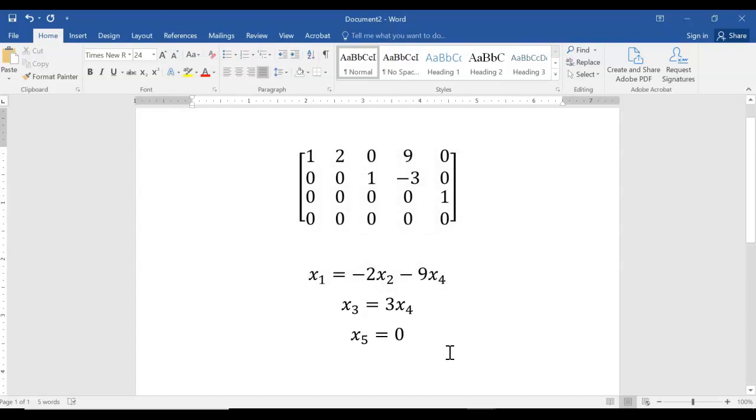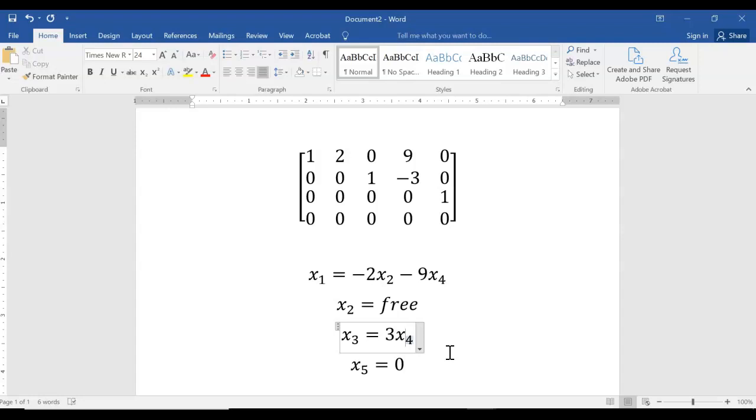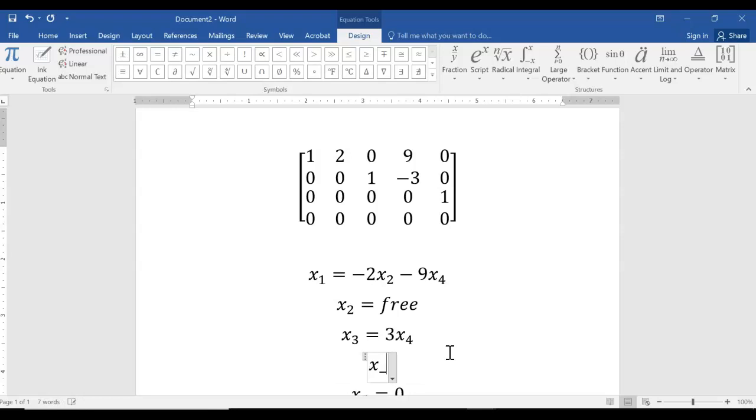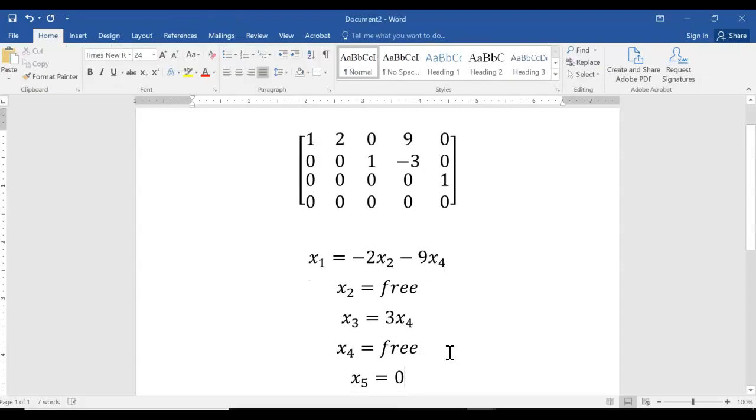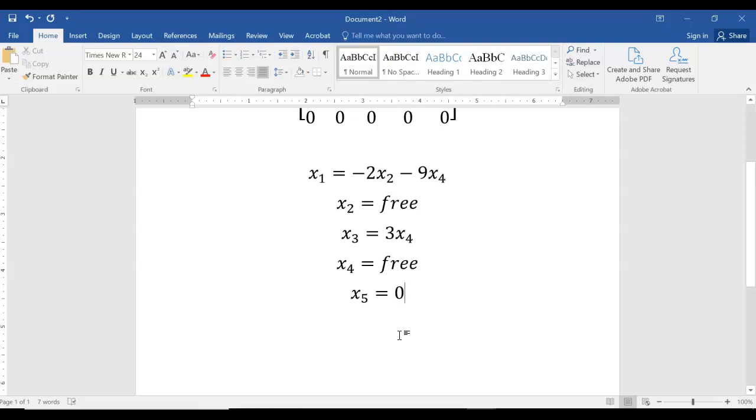You could put those at the end, but I'm going to put those sort of where they belong if I were to create a vector. So the second entry is free, and the fourth entry of the vector is free. Now that we have our general form, we can go to the parametric form.